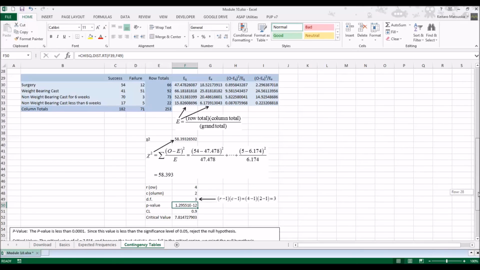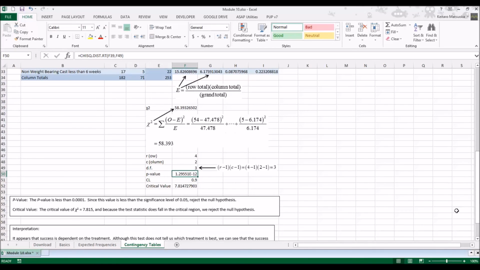So we know what the conclusion is going to be, but let's look at the critical value. So confidence level is going to be 0.95. And then using the chi-square inverse function, we get the critical value to be 7.8. So comparing the critical value and the test statistic, you see that the test statistic is in the critical region or the rejection region. So either way, p-value method or critical value method, we're going to reject the null hypothesis.